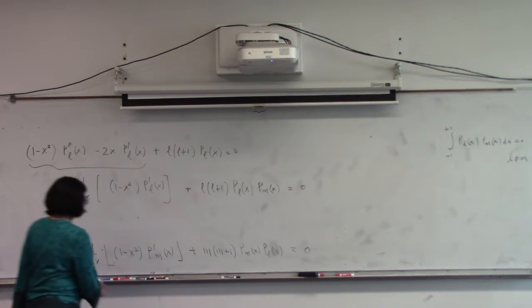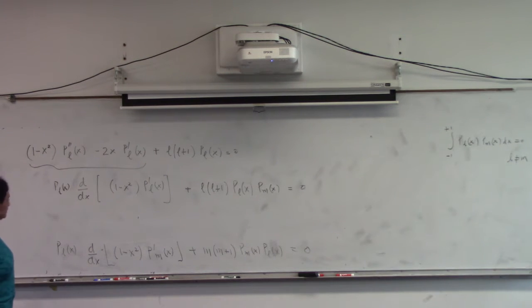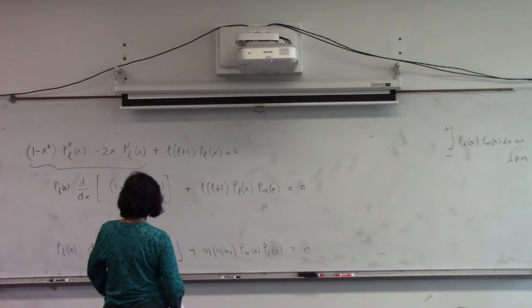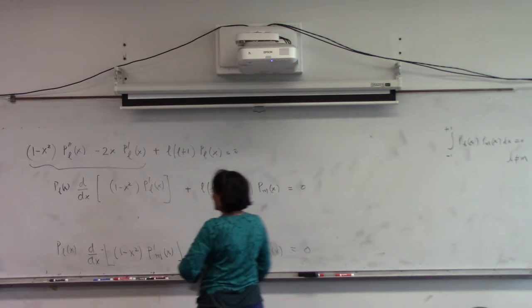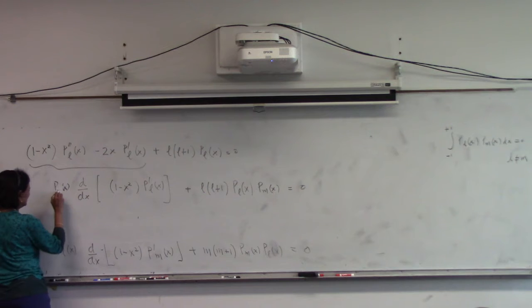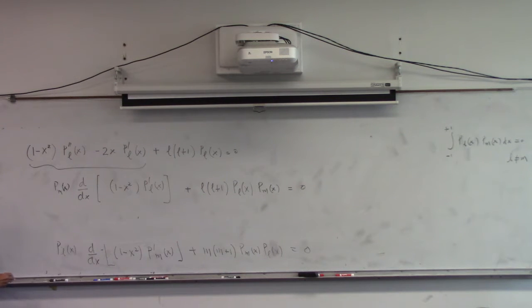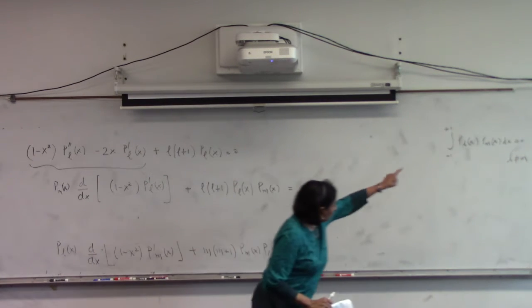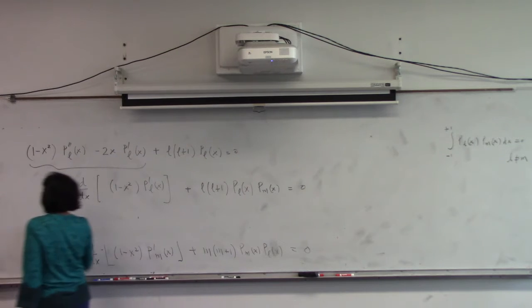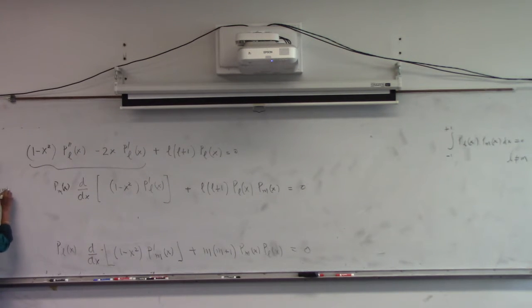Multiply the first one by PM(x), the second one by PL(x), because I'm trying to get that order. So the first equation, multiply by PM(x). The second one, multiply by P sub L(x).